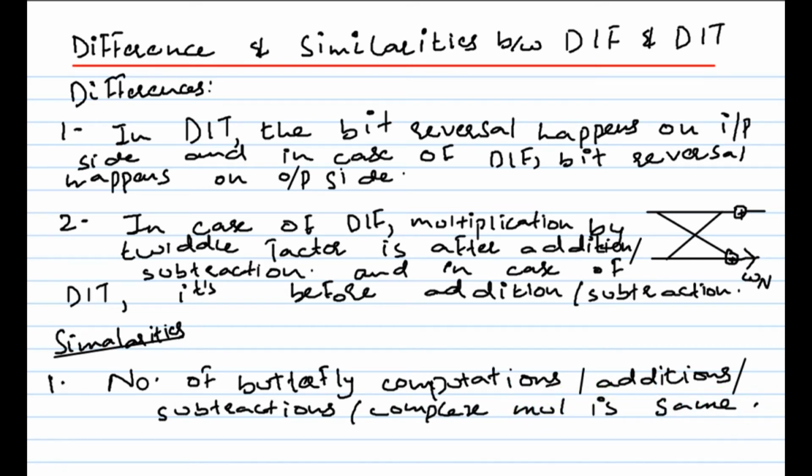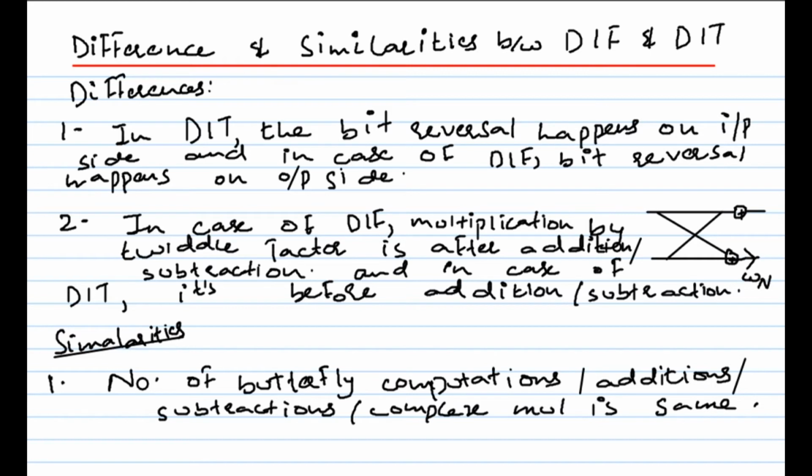So whether I'm going for the DIT algorithm or the DIF algorithm, the computational complexity remains the same. Why? Because the number of butterfly computations, additions, subtractions, and complex multiplications is the same.